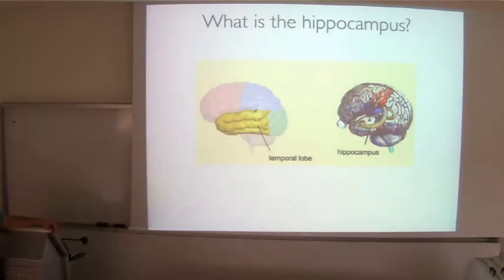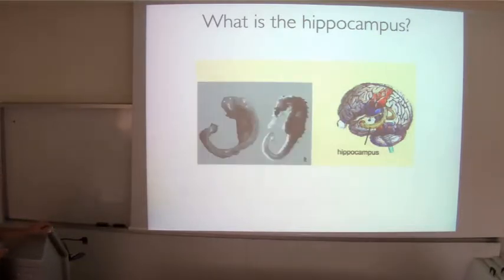It's a pretty isolated system in the sense that you can take it out in its entirety. If you do dissections, you can really just take the whole hippocampus out, and because of the way it looks, it was given the name hippocampus, which is a seahorse.